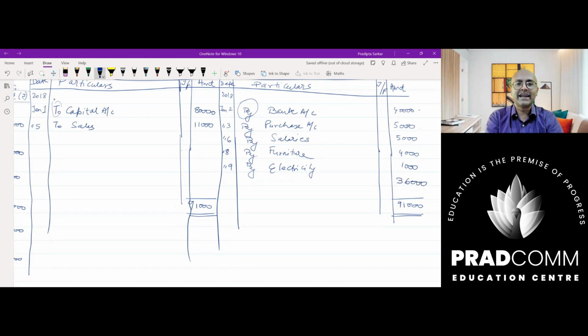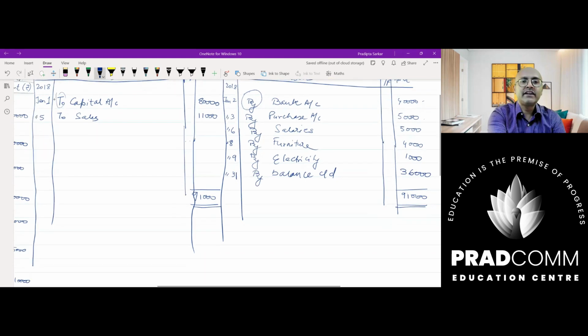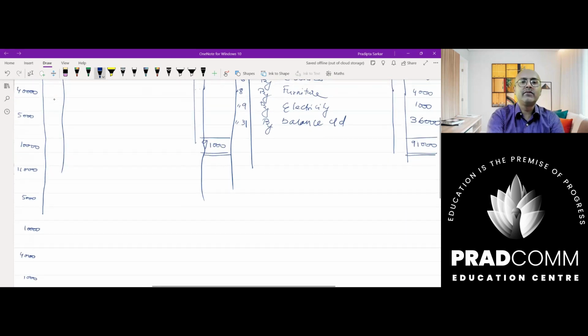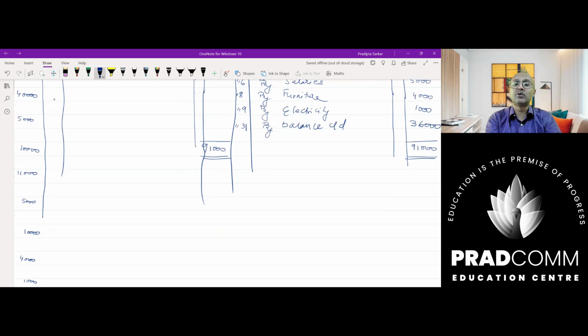This will be termed as by, since it's the credit side, by balance carried down. And the date will be the end of the month, that is 31st. After doing balance carried down, just below the total, you will write the beginning date of the next month, that is February 1.